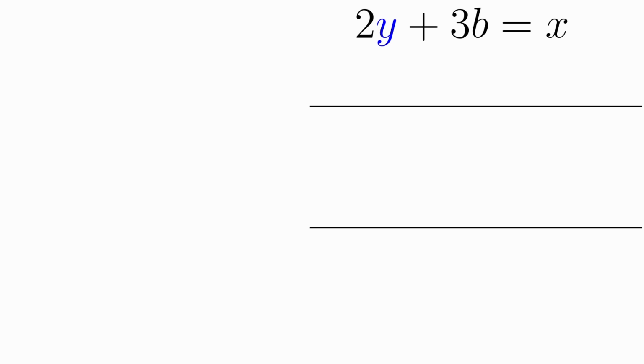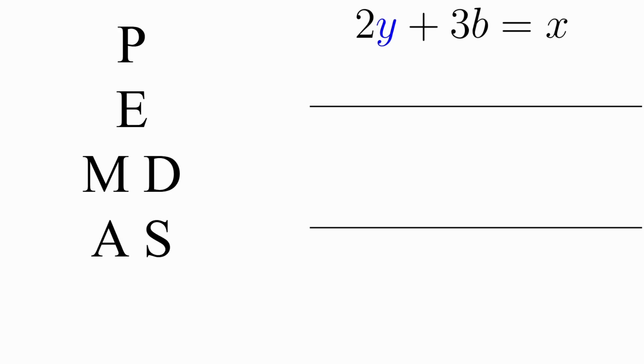So a great way to think about algebra operations, it doesn't always work, but it works pretty well. If you think about PEMDAS, and then you just think about algebra operations as PEMDAS in reverse. So you see on the same side as this blue y, I have a 2 and I have a 3b. The 2 is being multiplied and the 3b is being added.